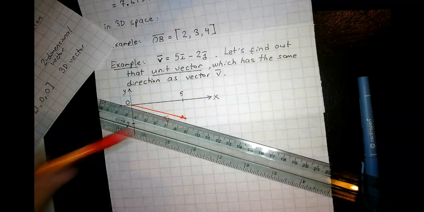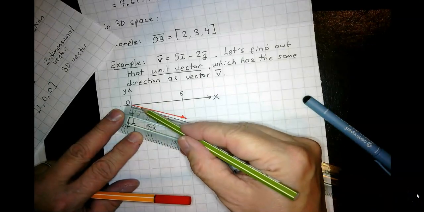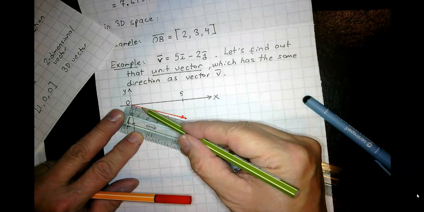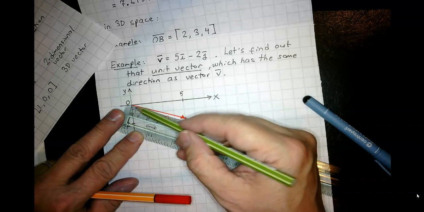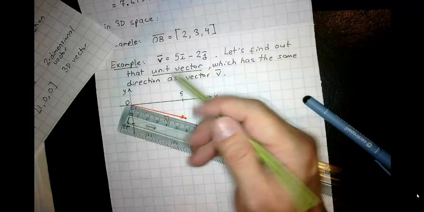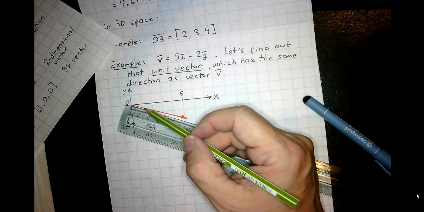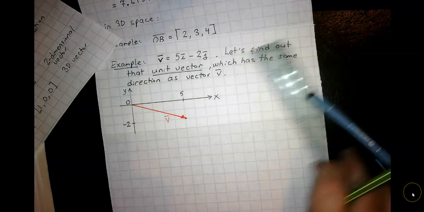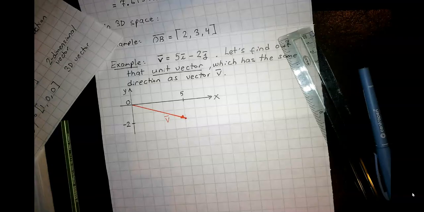So it starts from the origin there and ends up to the point where the length is 1 unit. And now we have to find out what is the formula or what is the vector expression for this unit vector. At this moment we only have to practice how to solve that unit vector.